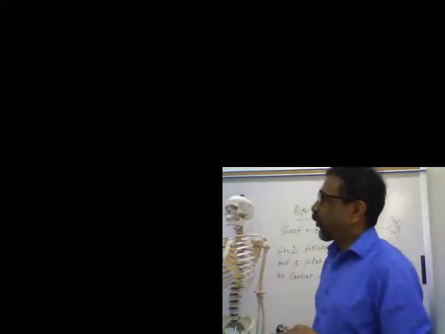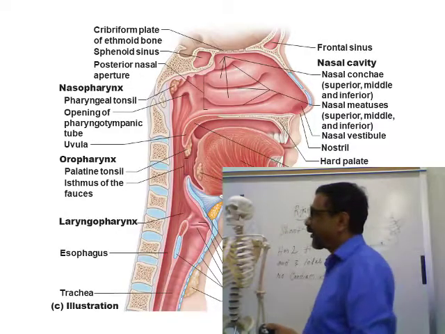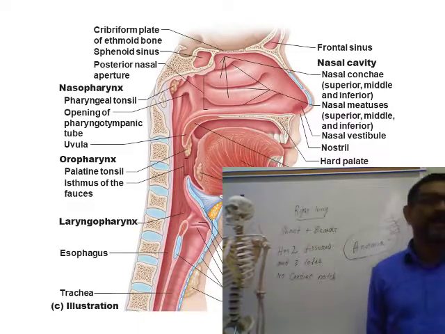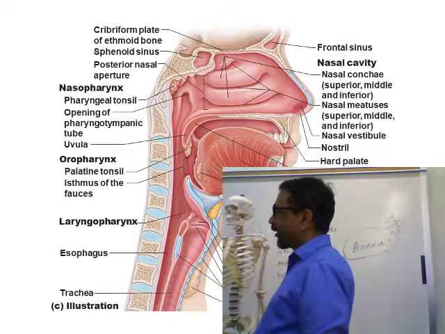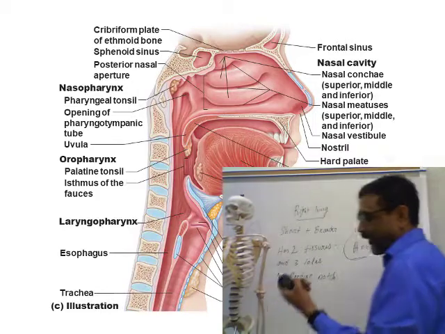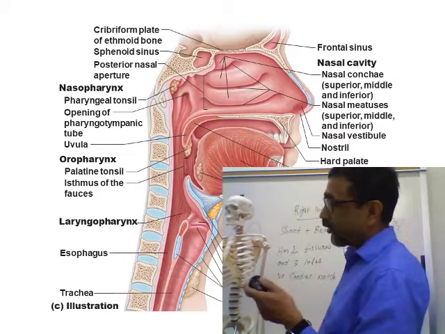Anyway, now the floor of the nasal cavity you see here, that is the palate. Front part of the palate is the bony part, that is the hard palate, and back part is the muscular part, that is the soft palate. So soft palate in the back and hard palate in the front. And the free end of the soft palate is called the uvula.